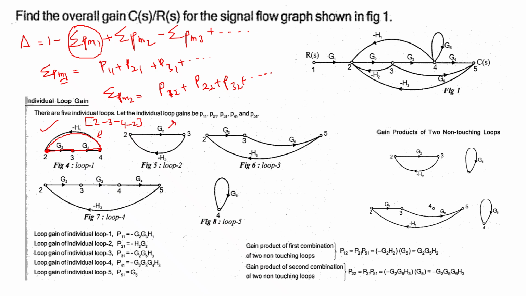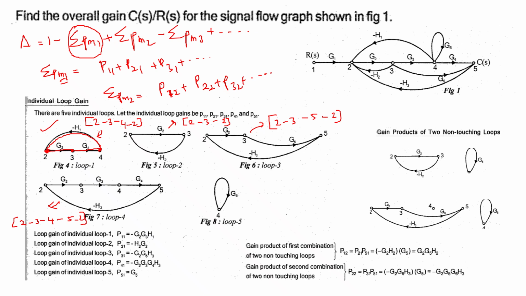For this one, it is 2 to 3 to 2. For this individual loop, it is 2 to 3 to 5 back to 2. For this one, it is 2, 3, 4, 5 back to 2.